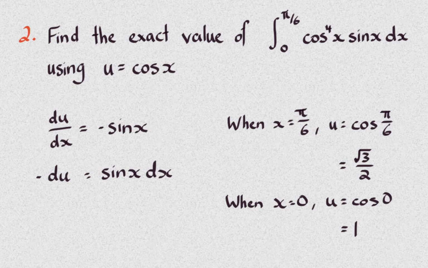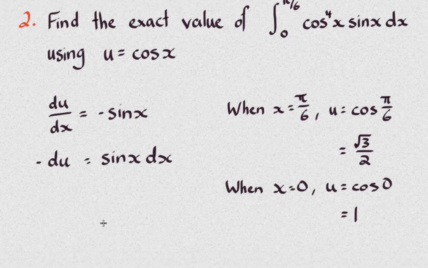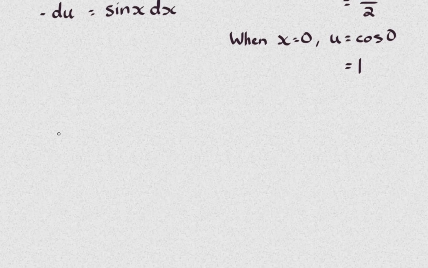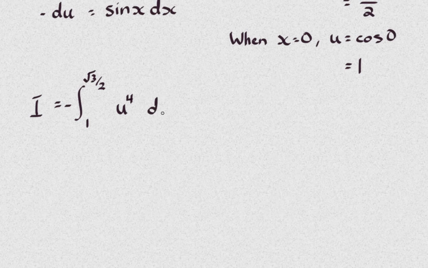This means we can now rewrite our integral. Instead of our limits being 0 and pi on 6, they are now 1 and root 3 on 2. Instead of cos x to the power of 4 is now just u to the power of 4. And our sin x dx gets replaced with minus, I'll just put that out the front, du.